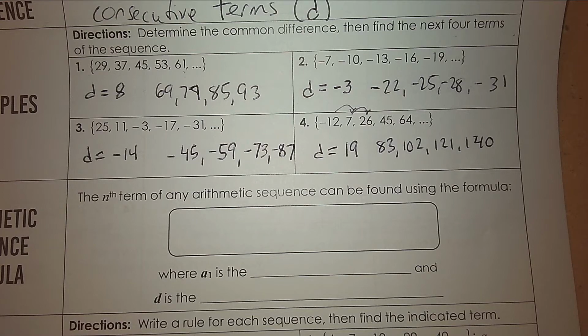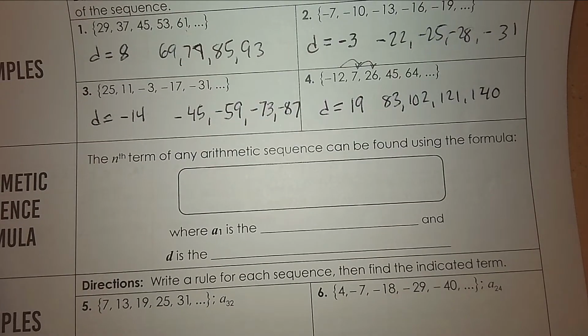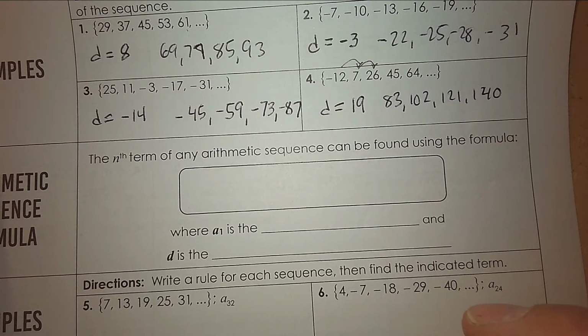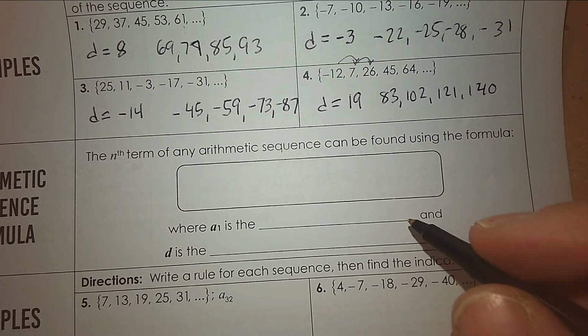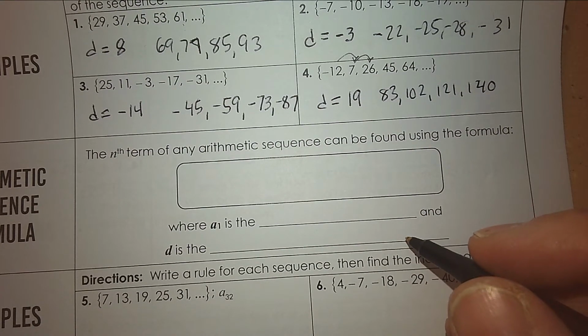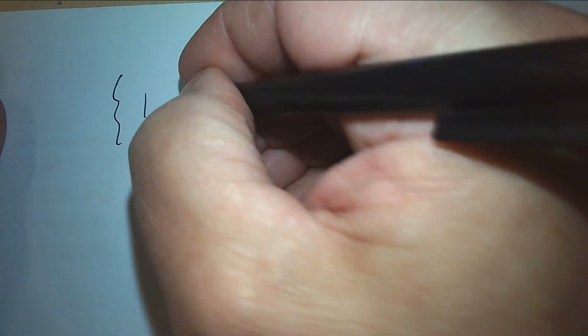That's called arithmetic. The next thing we need to do is come up with a rule or a formula for an arithmetic one, okay? But instead of just giving you a formula, we're going to think about it first. Is that okay? So, I'm going to go off script. I'm going to give you a sequence. A simple sequence.